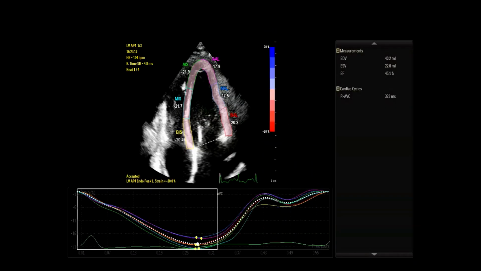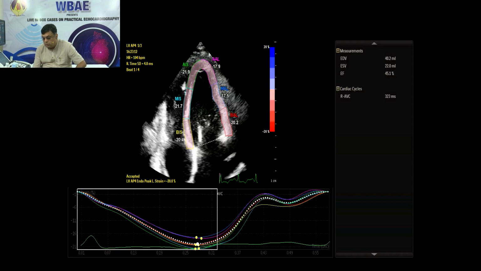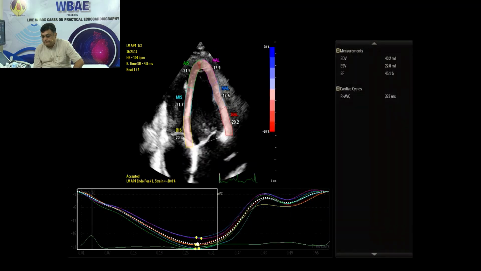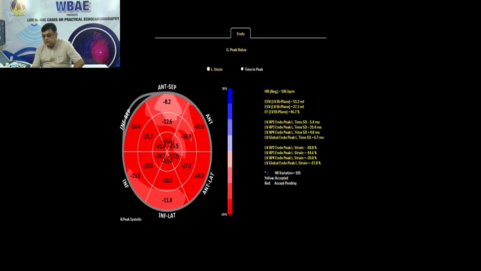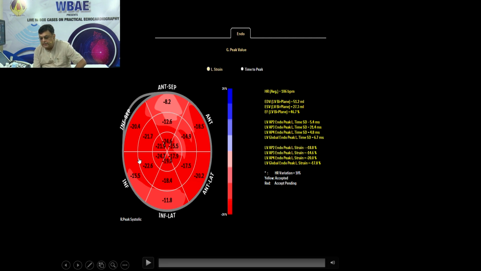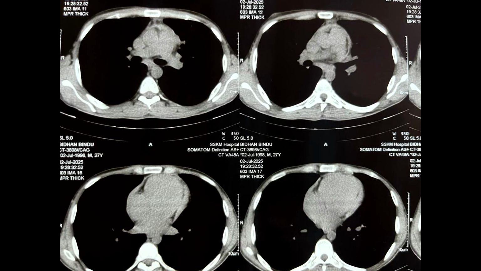So we did an LV strain pattern, and we saw that the LV strain pattern was almost normal and almost similar. And when we did a bullseye, the bullseye also showed that there is no significant strain pattern, only a little bit of higher strain in the anteroseptal and the inferolateral part.